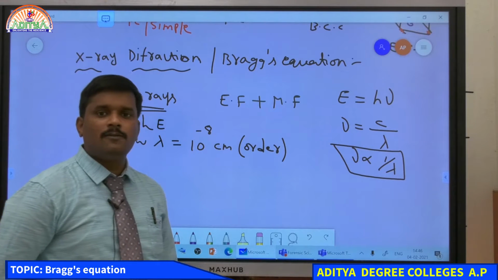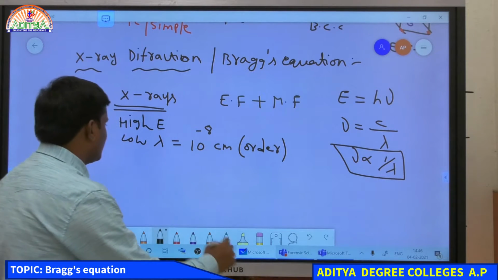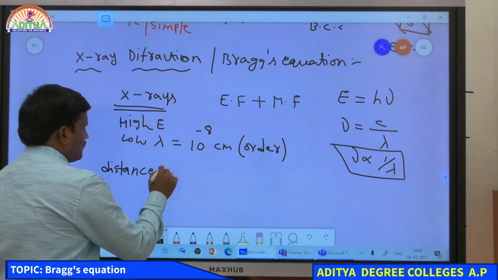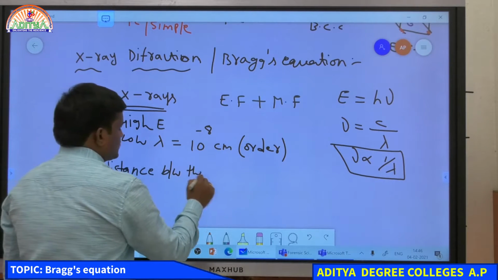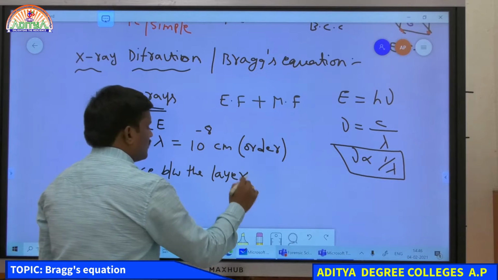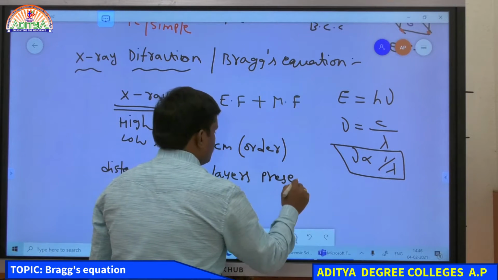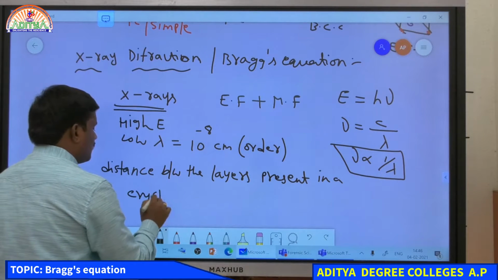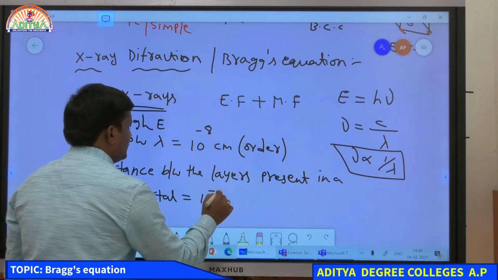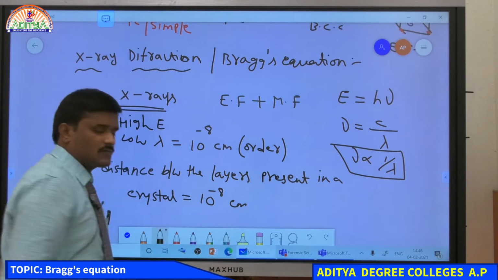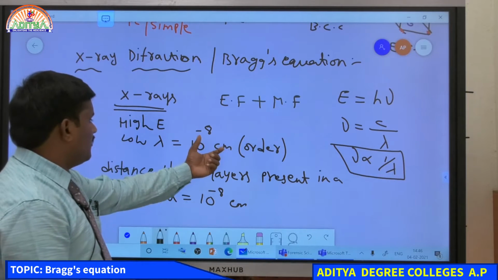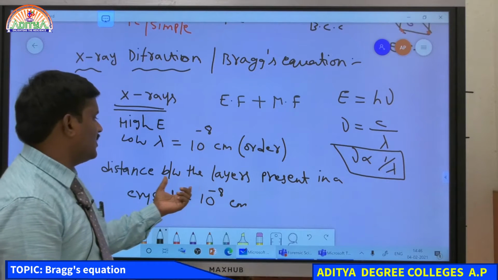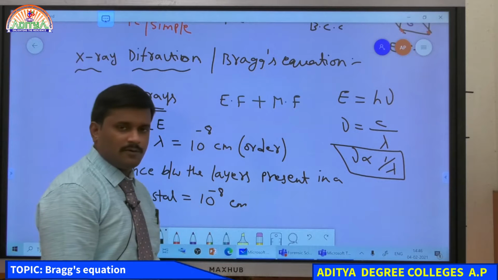Similarly, the distance between the layers present in a crystal is also in the order of 10 power minus 8 centimeters. So what does this mean? The wavelength of X-rays is 10 power minus 8 centimeters, as well as the distance between the layers present in a crystal is also 10 power minus 8.